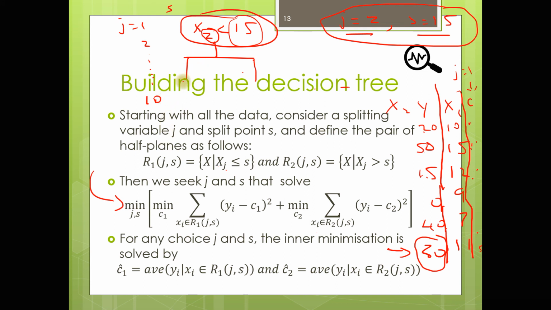And when you have come to this step of x2 less than 15, x2 greater than 15, the next step would be to repeat this procedure. Let's suppose you had x2 less than 15, and for all values less than 15, your data set is now reduced. You forget all the values that are greater than 15. You have a smaller data set.